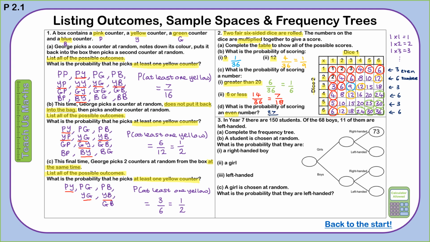So the probability when you roll 2 fair 6-sided dice and multiply the numbers on the dice, the probability of getting an even score is 3/4.